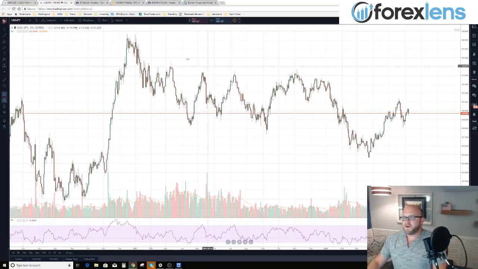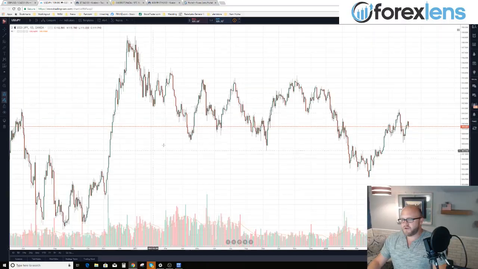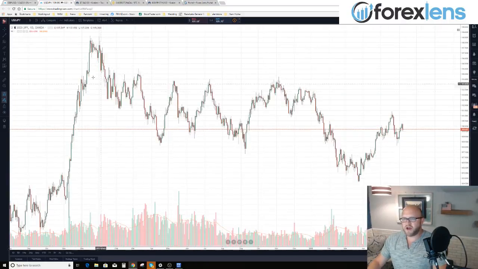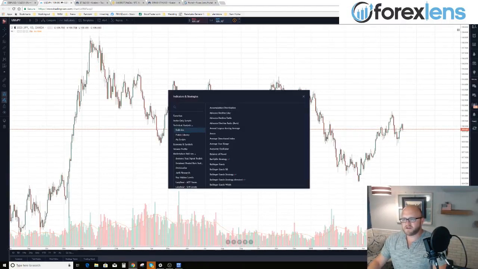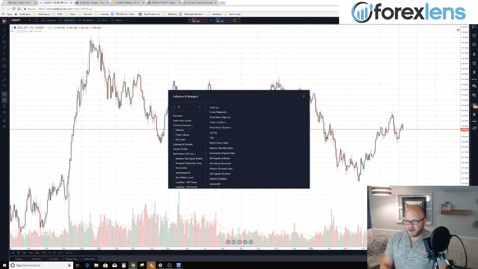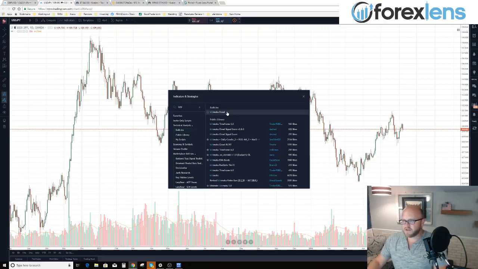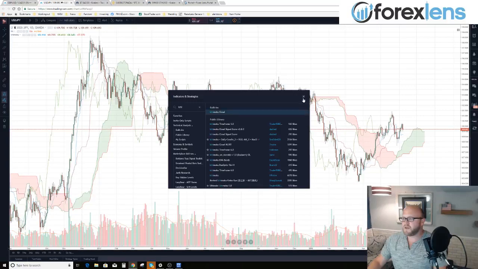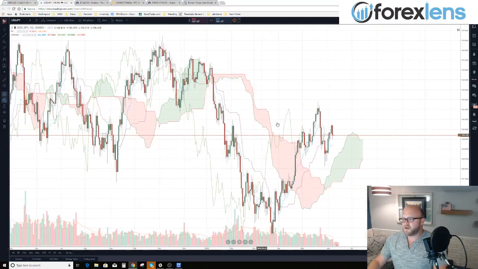Very easy. I have a new chart here, nothing on it, and I go to indicators, and if I type in ICHI, I look for Ichimoku Cloud. And then this goes on our screen here. Now, the default settings are fine. There's nothing wrong with that. It's just that the colors or the length of the lines or the width bother me a little bit.